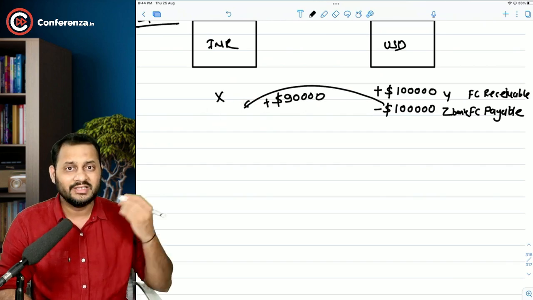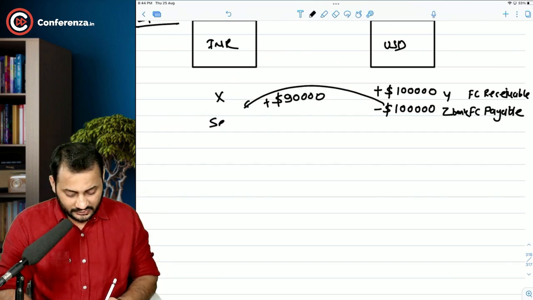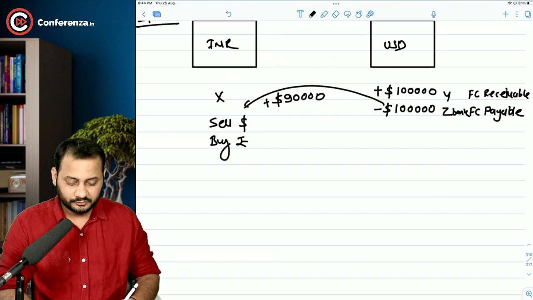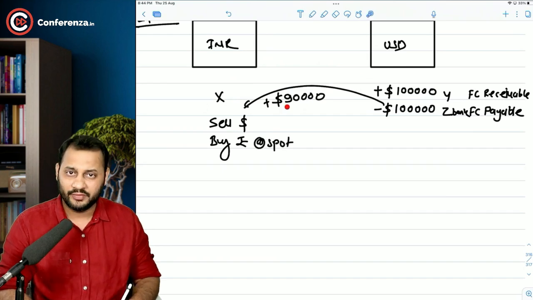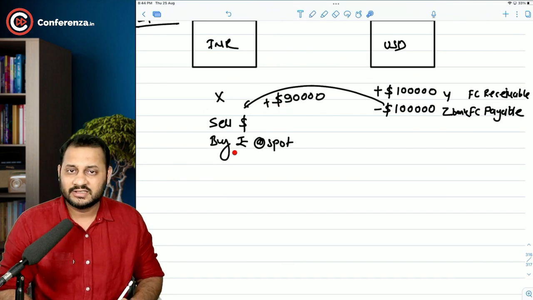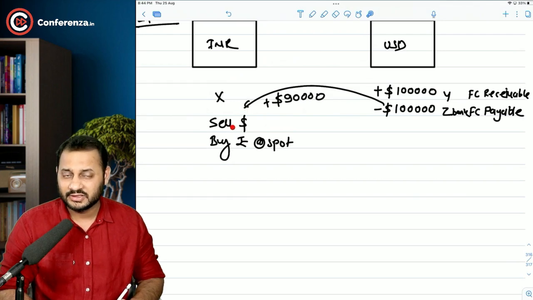What will you do with these dollars? You will sell the dollars for rupees at spot, isn't it? At the spot rate, you sold those borrowings and received rupees, because according to RBI guidelines, you cannot hold the dollars. So the moment you bring the dollars into the country, you will have to convert them into rupees.